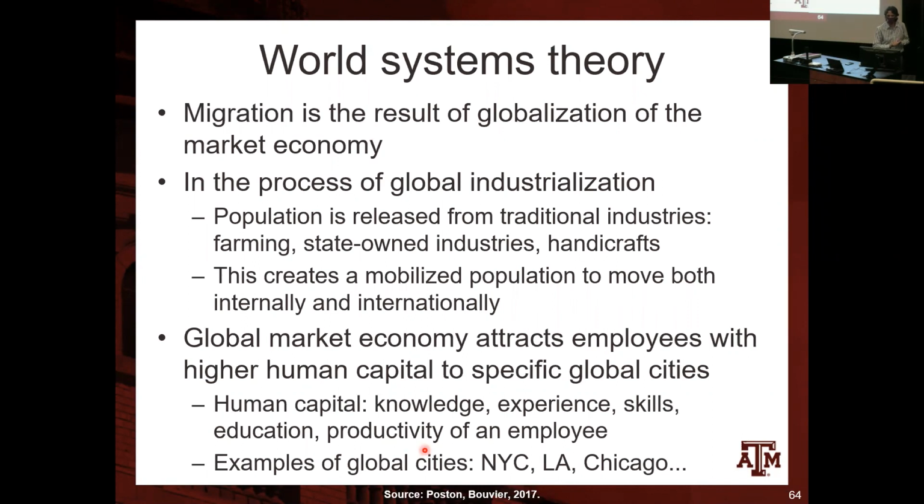The world systems theory: migration is the result of the globalization of the market economy. In the process of global industrialization, population is released from traditional industries, from agriculture, from farming, state-owned industries and handicrafts, and this creates a mobilized population to move both internally and internationally.